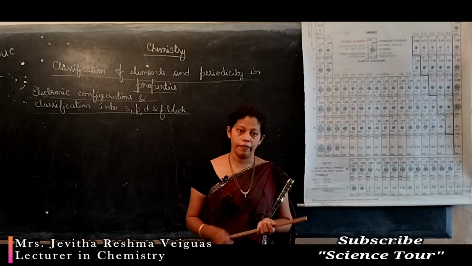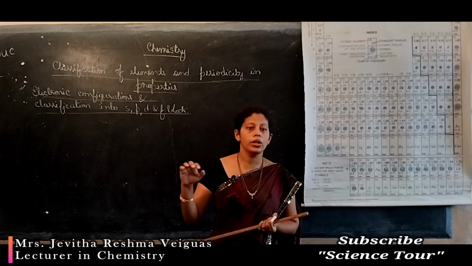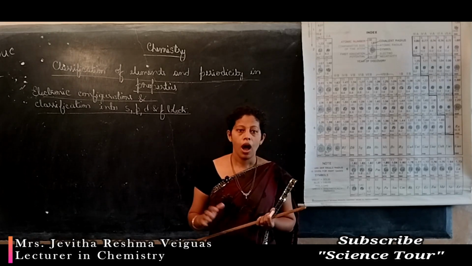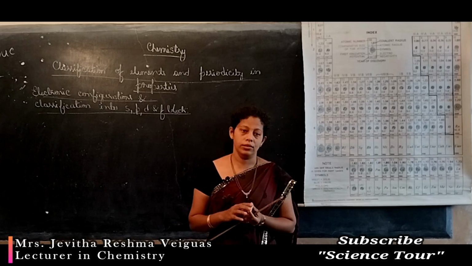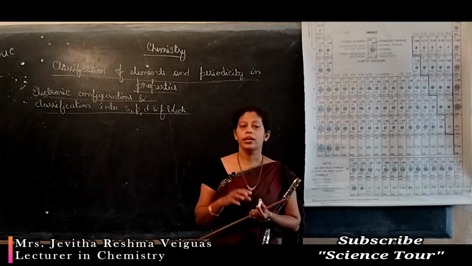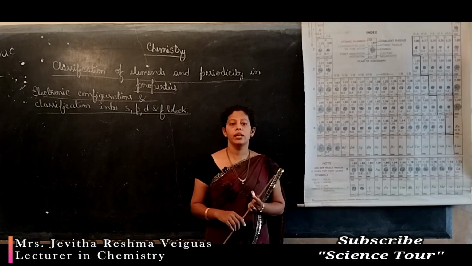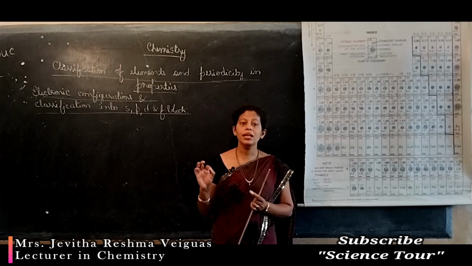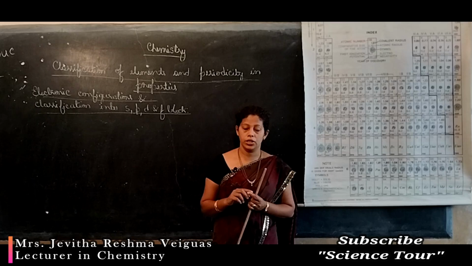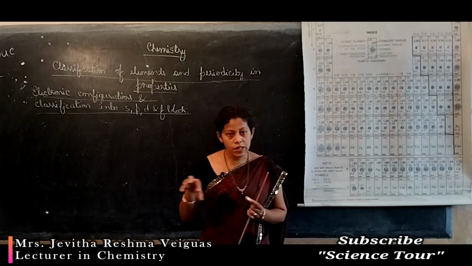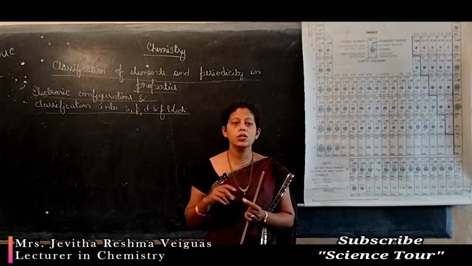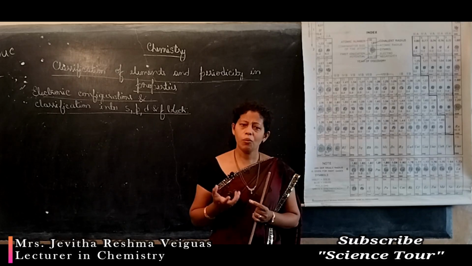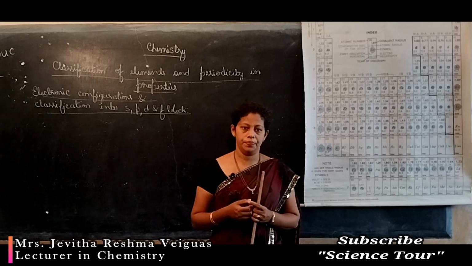The elements which have similar electronic configuration are grouped together. Generally, the properties of elements depend upon the similarity in electronic configuration. If electronic configuration is similar, then their properties also will be similar. Now, what is this electronic configuration?